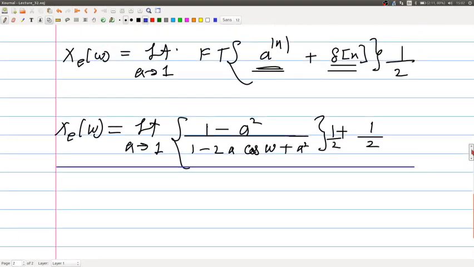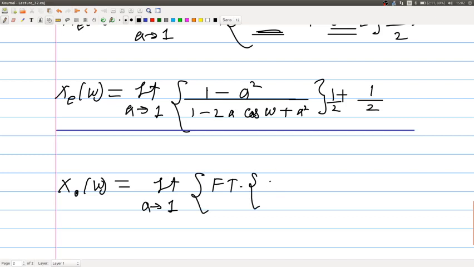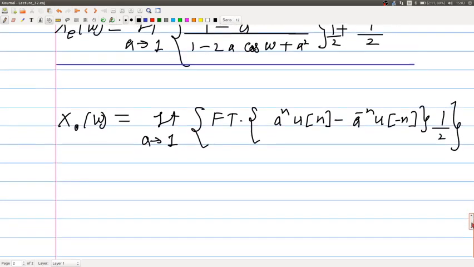What about the odd part? So X odd of omega would be limit a going to 1 Fourier transform of a to the power n u[n] minus a to the power minus n u[minus n], right?